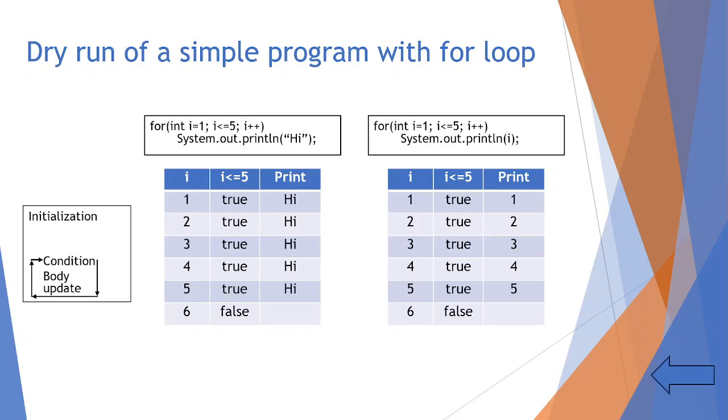For the first 5 times the loop condition is true, so 5 numbers are printed, whatever is there in I, because of I++, the unary increment operator, which is incrementing. So it prints 1, 2, 3, 4, 5. When 6, false. This is the dry run of a program with a for loop.